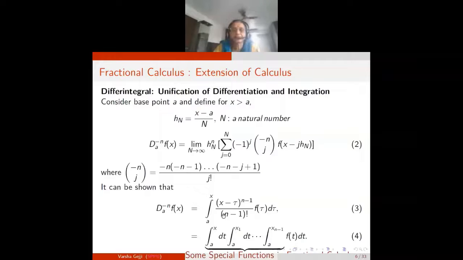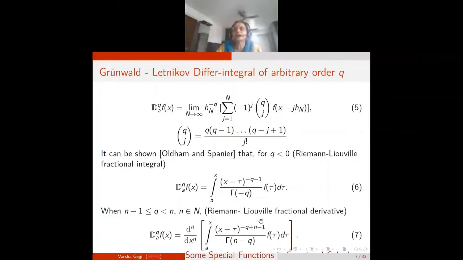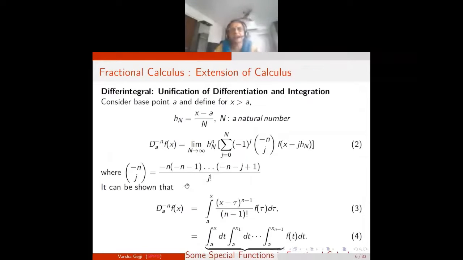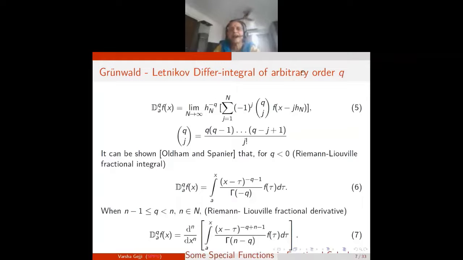No issue. So it is a simple exercise to show that this convolution, as you say, is equivalent to this n-fold repeated integral. Now the Grunwald-Letnikov differintegral is nothing but you just replace this n or minus n by an arbitrary number q.